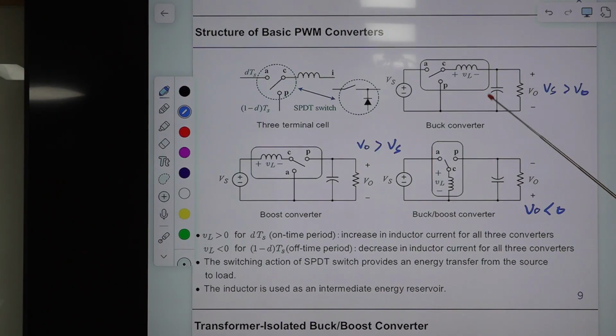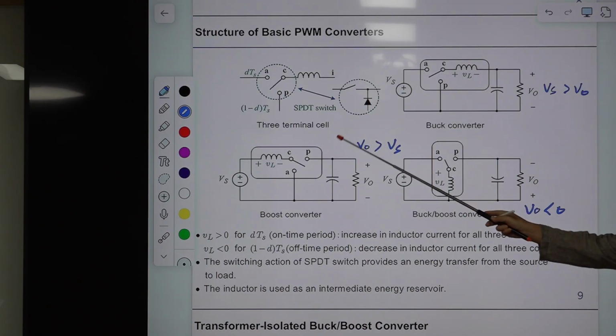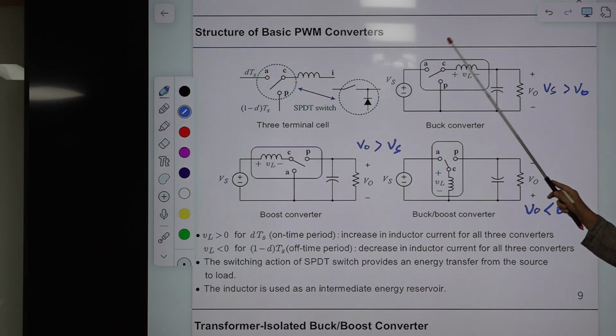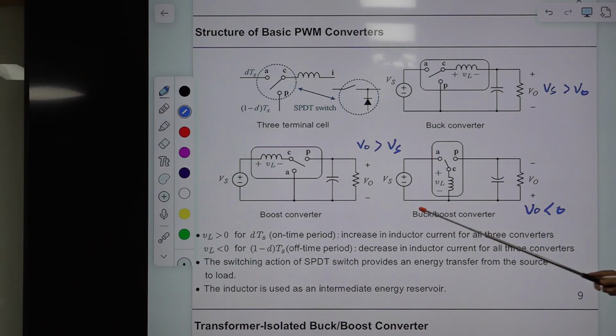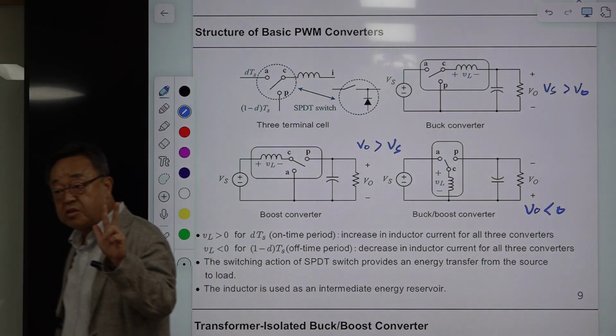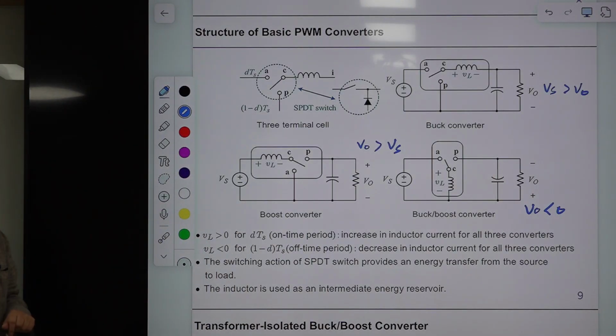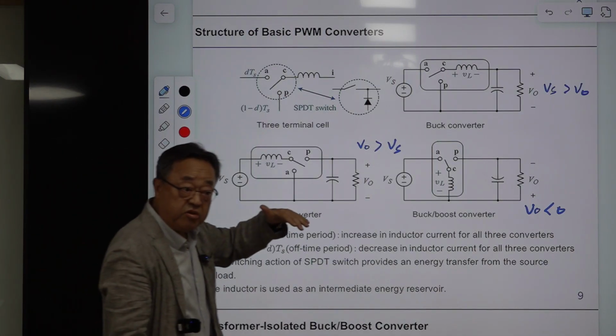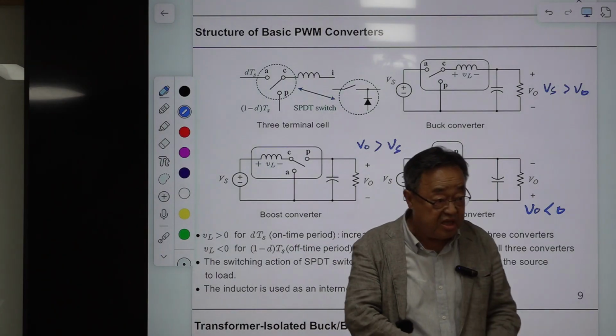If we rotate this terminal cell by 120 degrees, you will get this, and if you rotate once more, you will get this. If you rotate once more, it comes back to this. So there are only three possible configurations for the basic converters, and in all of them the inductor current increases linearly during the on-time and decreases linearly during the off-time.